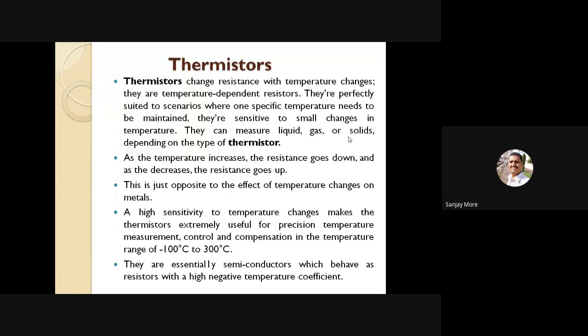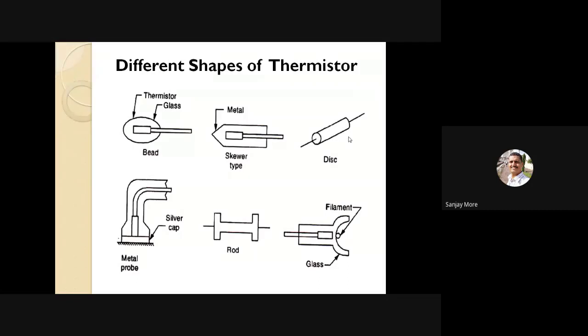The different shapes of thermistors are used to measure solid, liquid, and gas; this category decides which shape of thermistor to choose. Okay.